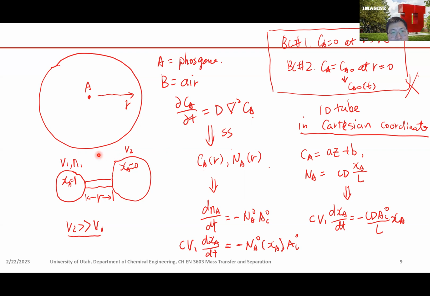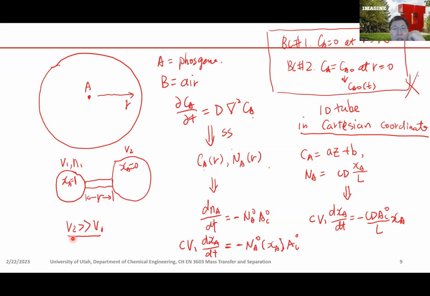That simplifies this problem to be similar to the two-bulb problem we have solved, where we have a point source of species A, and species A is leaving the left bulb through a tube into, in this case, an infinite volume, with a distance of r.